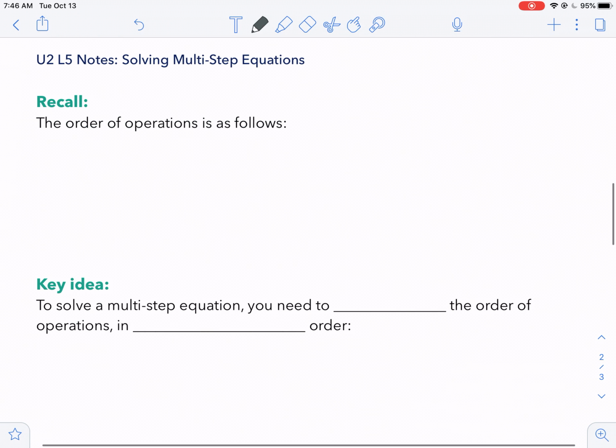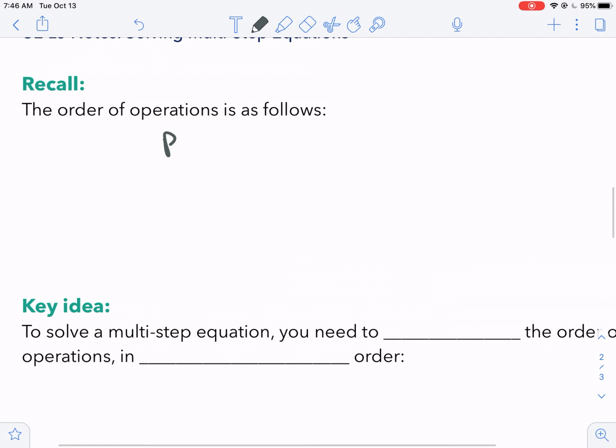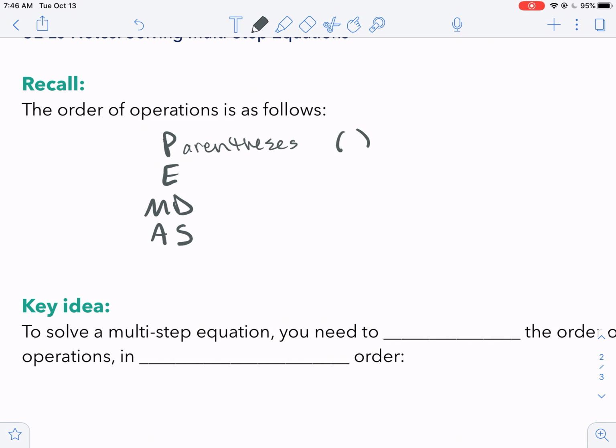So the order that we like to follow in math is called PEMDAS. Do you remember that? What does P stand for? P is parentheses, which are things like this. Sometimes you'll see brackets, sometimes you'll see braces like that. After P comes exponents, which is when you have something raised to a power.